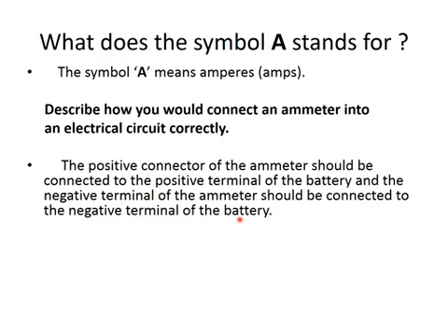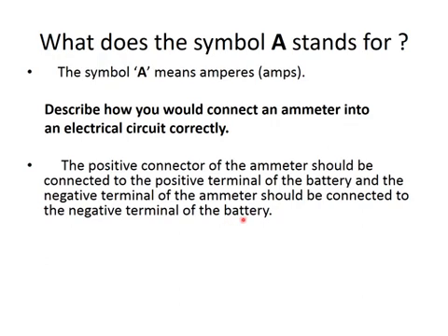So you have to connect the positive terminal of an ammeter with the positive terminal of the battery, and the negative terminal of the battery with the negative terminal of the ammeter. This is the correct way to connect the ammeter in the circuit. In this way it will give you the correct, accurate reading. I hope that you have understood this.